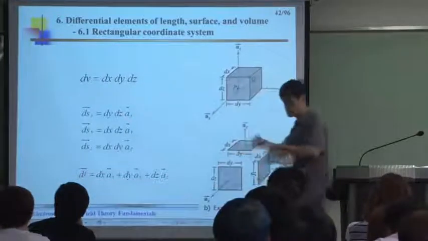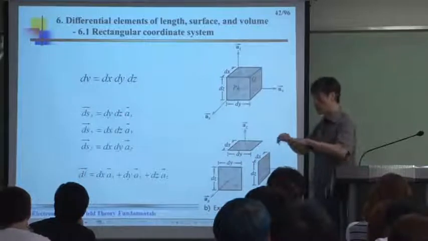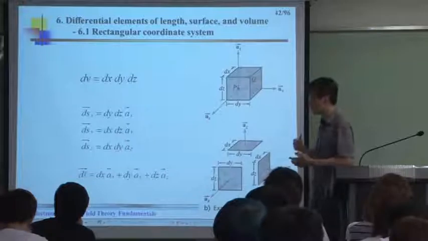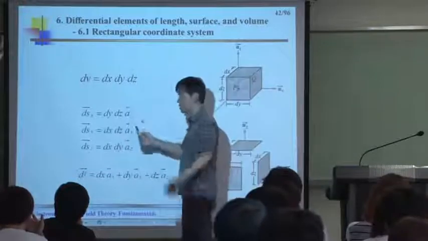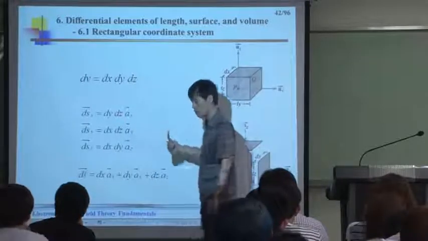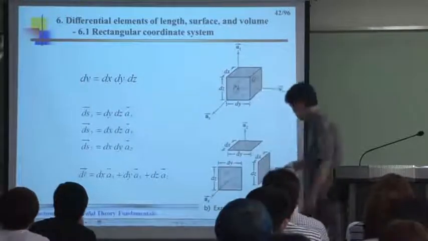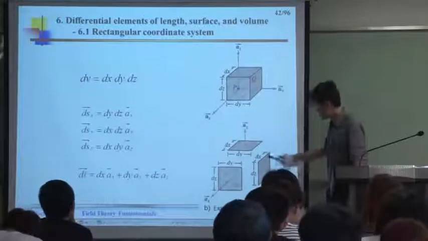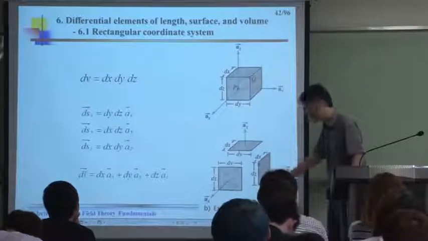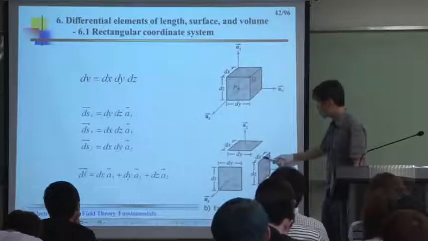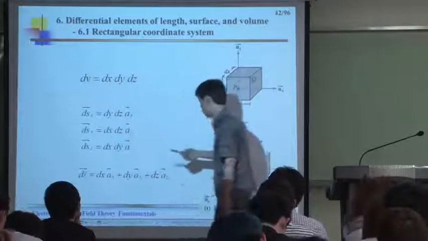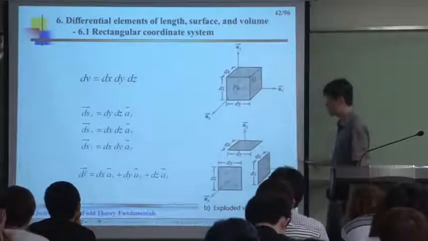So generally, when we define the direction of the surface, the direction is defined as the normal vector direction of the surface. So in this case, a y direction, there is one more surface. So this surface has the x component and z component. So the surface is dx dz, and the orientation is in the y direction.